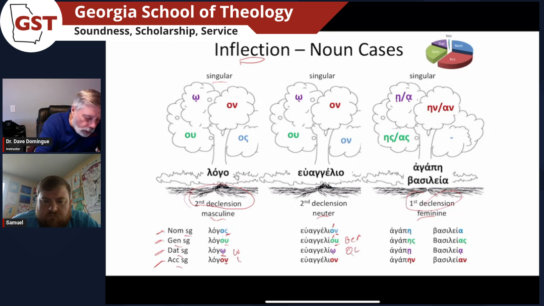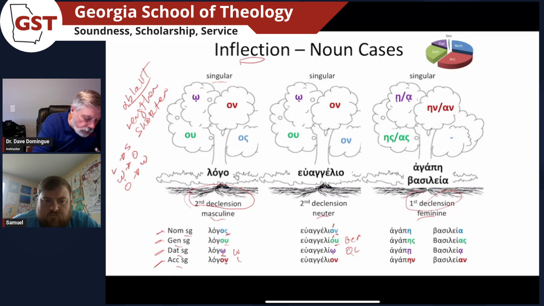Remember we talked about ablaut? Or no, we're going to do that later. If you read the chapter, A-B-L-A-U-T, ablaut, where a vowel can lengthen or shorten. And so when a vowel lengthens or shortens, an omega can become an omicron. That's a long vowel going to a short vowel, or the omicron can become an omega.